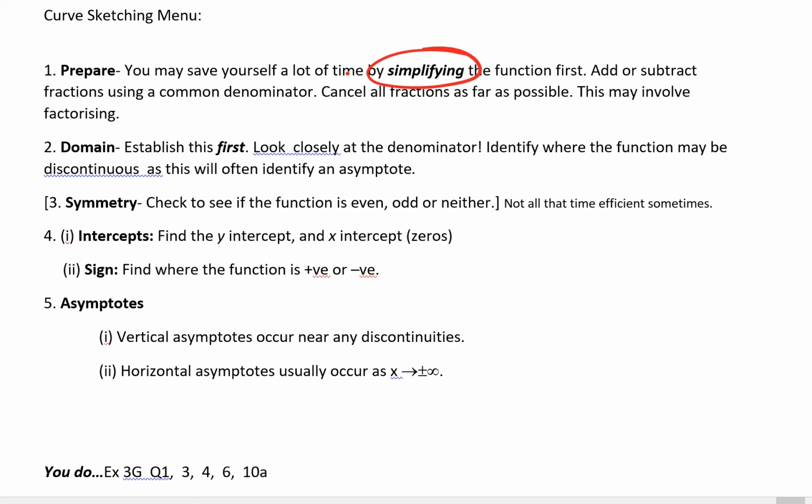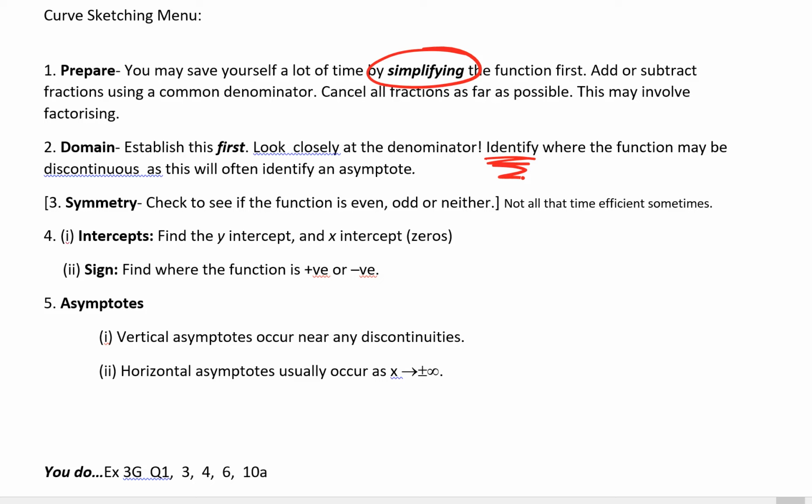Now, you'll know that you'll have restricted X values if your function contains a fraction, because if it's possible that that denominator is ever 0, the function will not exist at a point, an X value that creates a 0 in a denominator. So you need to establish that and identify it and make yourself write it down. Identify that clearly at the very beginning.